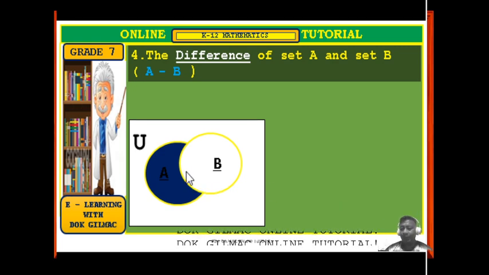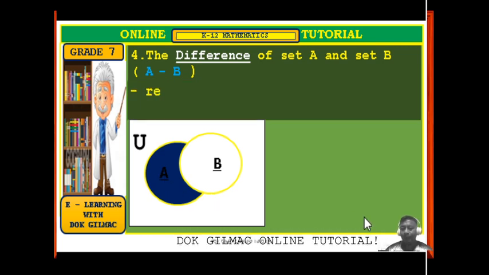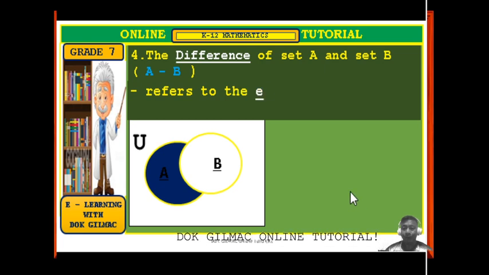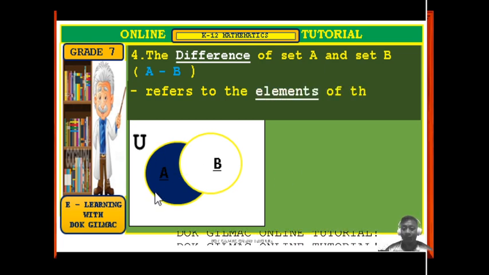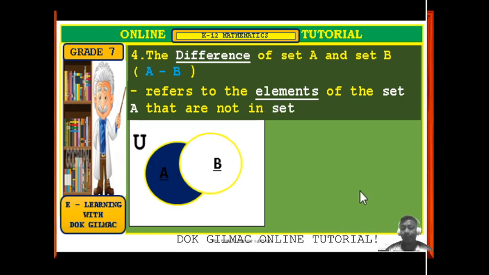So as you can see here, if we are to determine the elements of the difference of set A and set B, this shaded part here are all the elements of the difference of A minus B. So from here, we have the definition. This refers to the elements that are in A but not in set B. So take note of that.